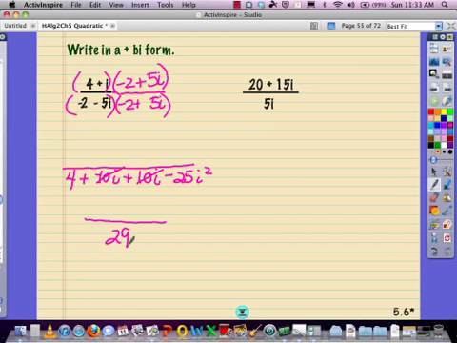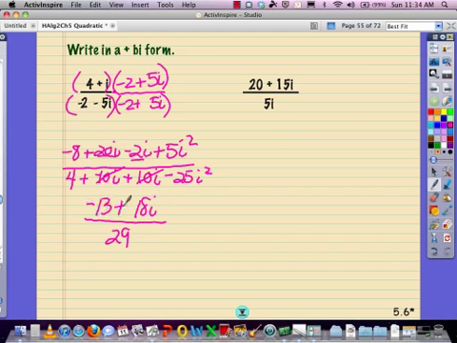So now we can go back and simplify up top. So first times first, negative 8. Outsides, 20i. Insides, negative 2i. Last times last, 5i squared. Now clean that up. Like terms, looks like we have 18i using the two middle terms. And with the 5i squared, which is really a negative 5, negative 5 plus the negative 8 is negative 13.